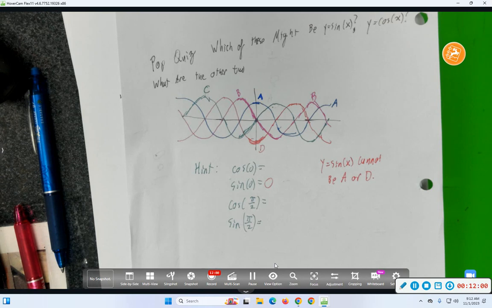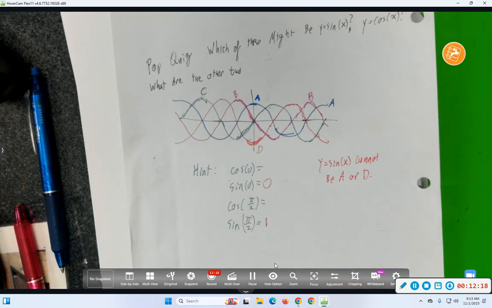How about pi over 2? What's the sine of pi over 2? Here you get 1. Pi over 2 is a right angle. So if you start at (1, 0) and rotate by a right angle, you wind up with a point that has y coordinate 1. So sine of pi over 2 has to be 1.